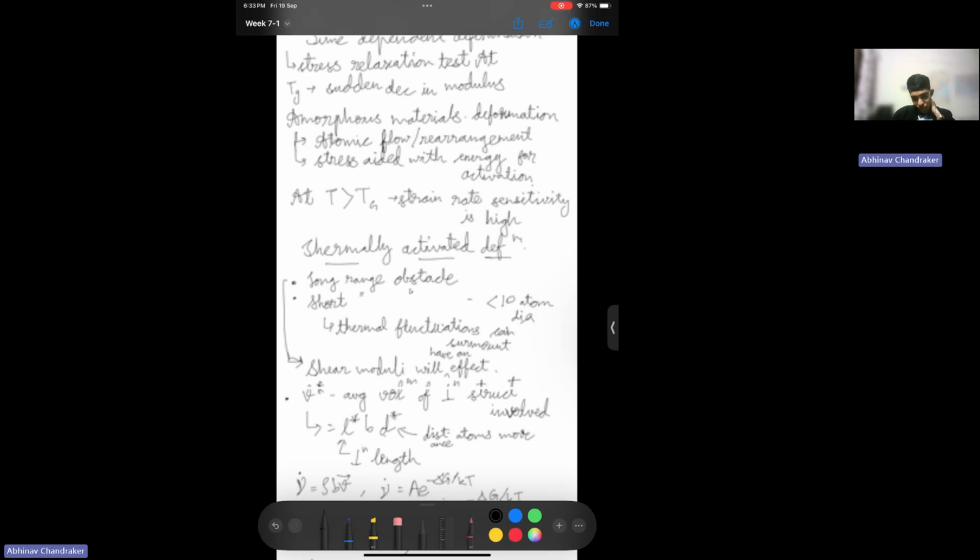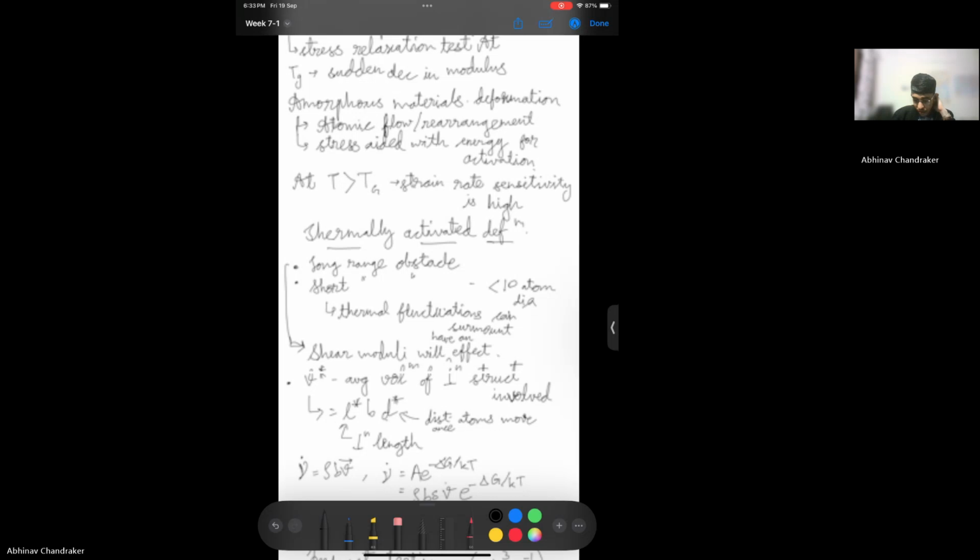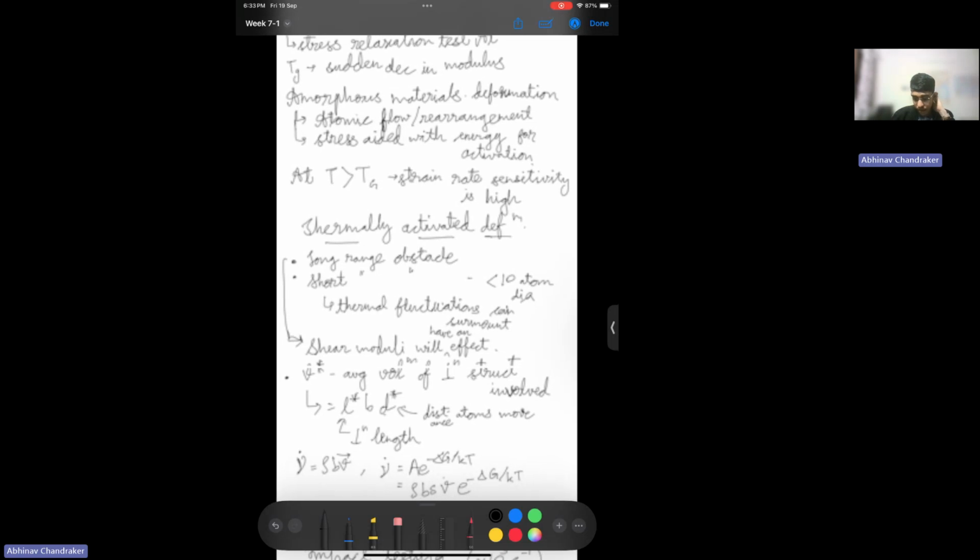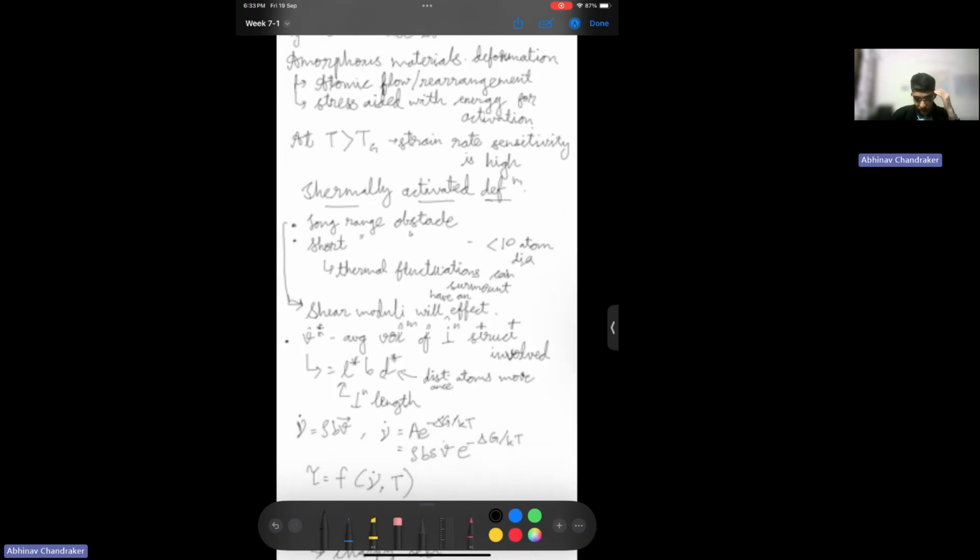And at temperatures more than Tg, the sensitivity of deformation to strain rate is very high. The strain rate sensitivity of the strength is very high.